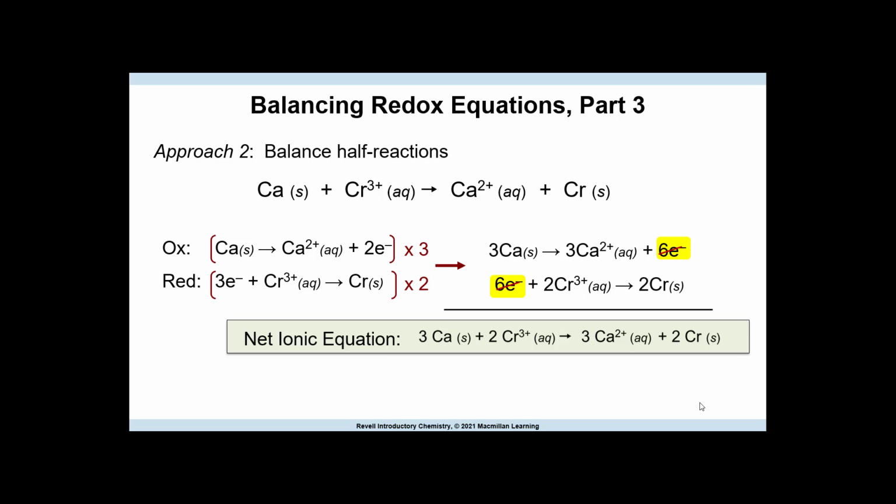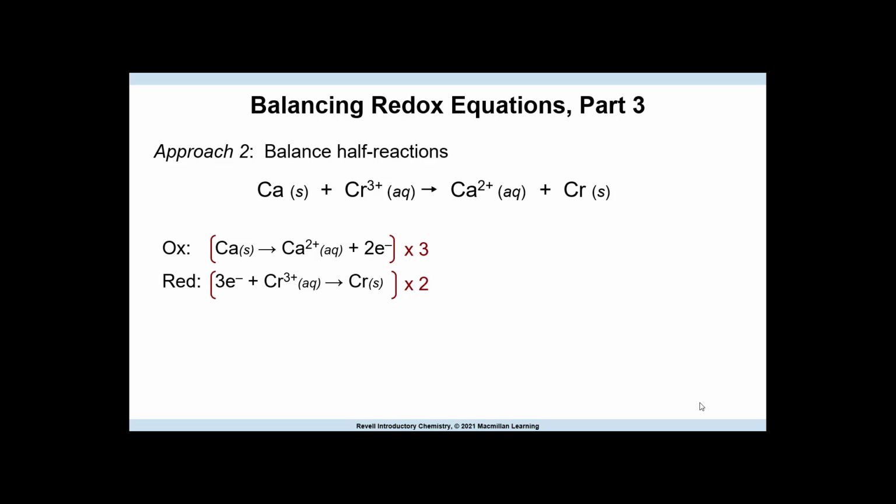That's what we're going to do for this section. Approach 2 is another way to tackle this problem: make sure that the same number of electrons are released in the oxidation and acquired in the reduction. We begin by writing the 2 unbalanced reactions. We write both reactions out. The oxidation releases 2 electrons, but the reduction requires 3.